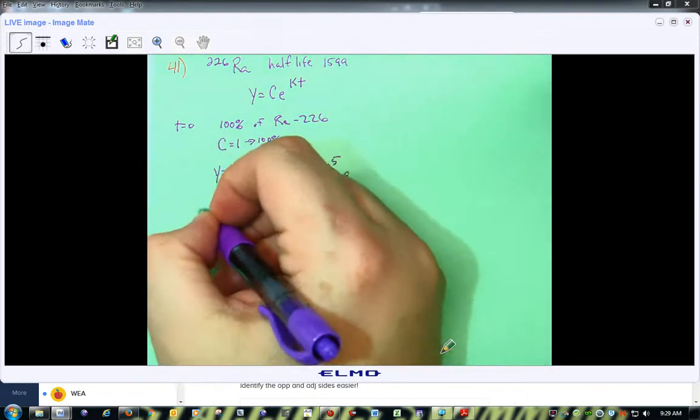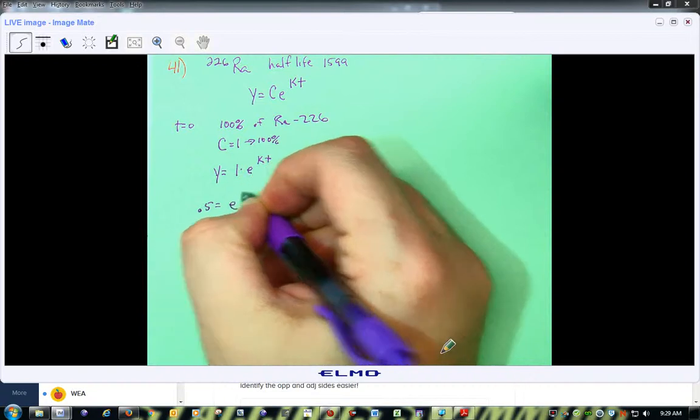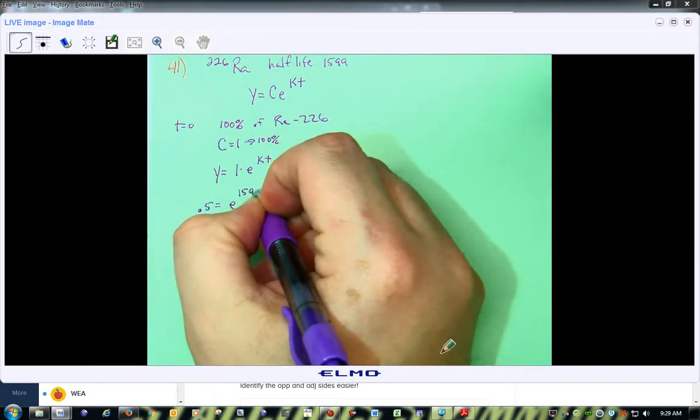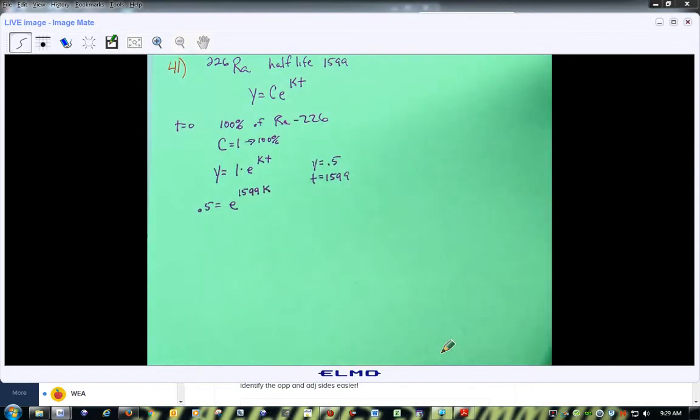So I know this is going to be 0.5 is equal to e to the 1,599 times k. And I got rid of the 1 because multiplying by 1 doesn't really matter.